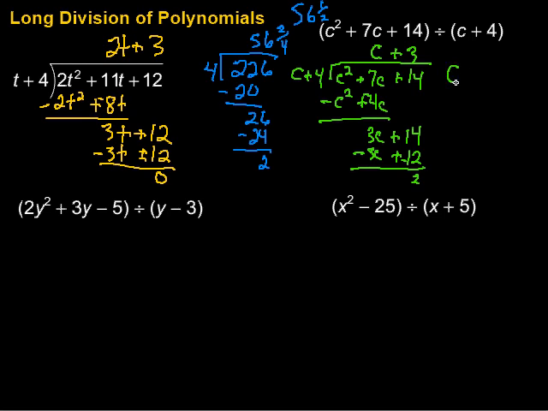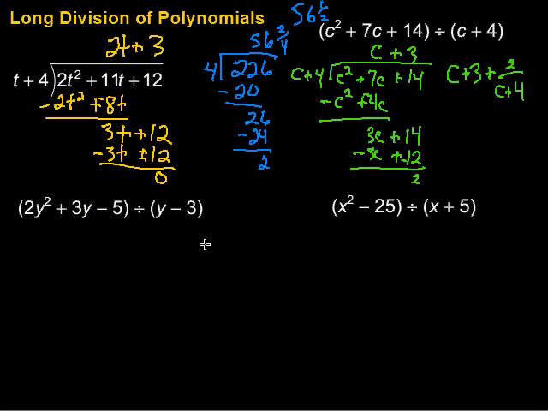So, my answer in this case is going to be c plus 3 plus 2 over c plus 4. Okay, so I took that remainder just like I did here, 2 over 4. Here I had 2 over c plus 4. Okay, 2 still to be divided by c plus 4. So that's how we deal with the remainder.